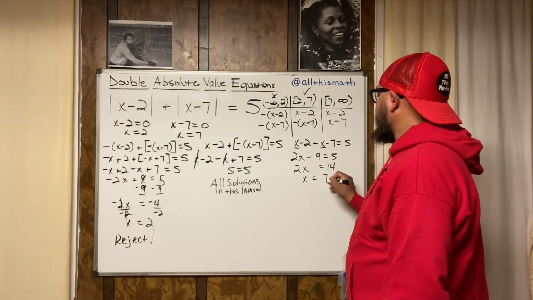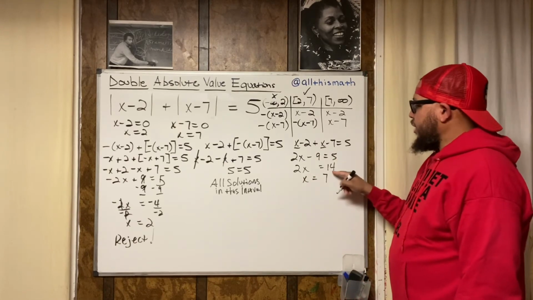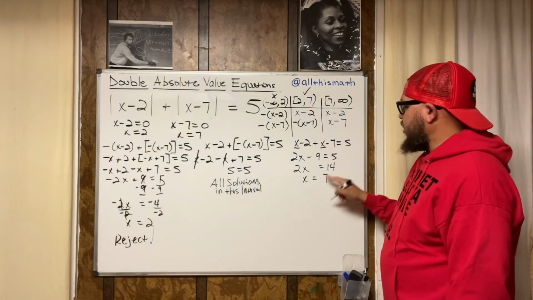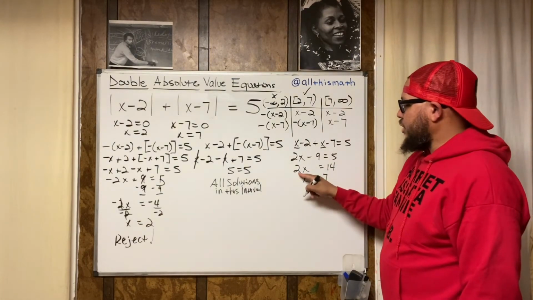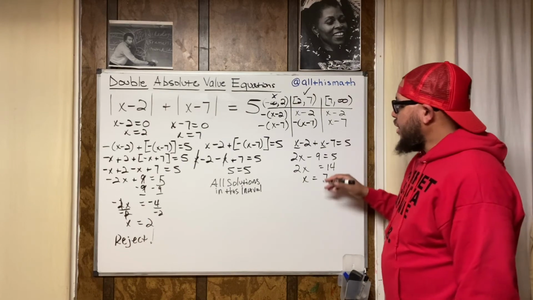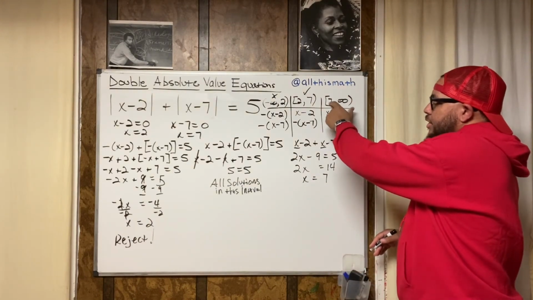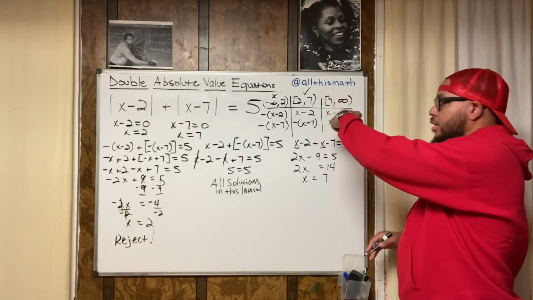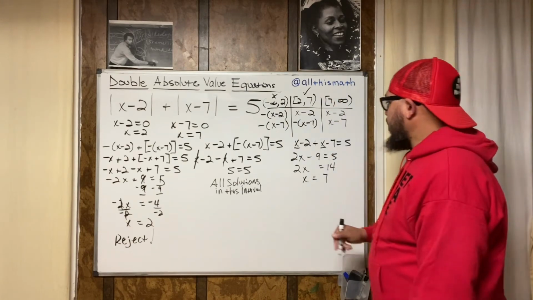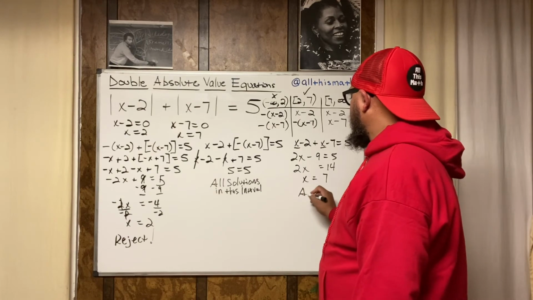X is equal to 7. Add 9, get 14. Divide by 2, get x equals 7. 2x divided by 2 is just x. X is 7. So, is this in this interval? It is. Because in this interval, 7 is included. So x equals 7. So we accept this.